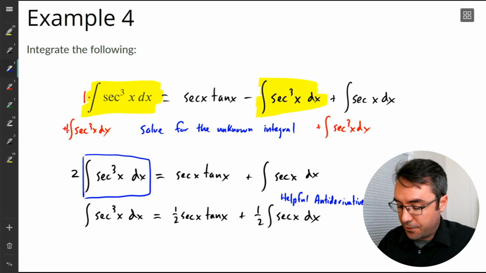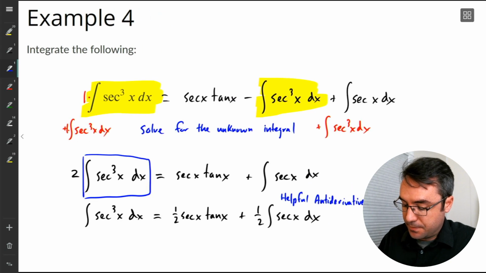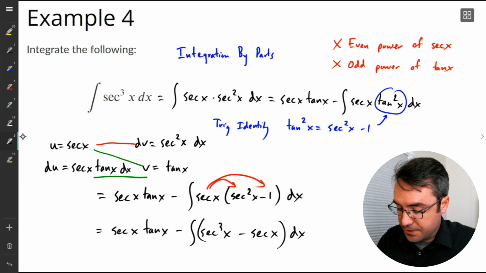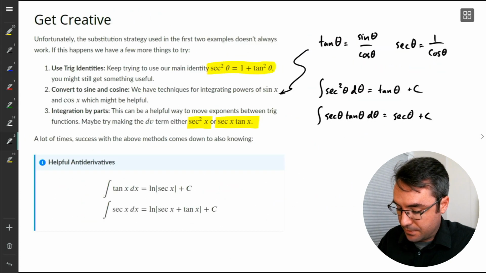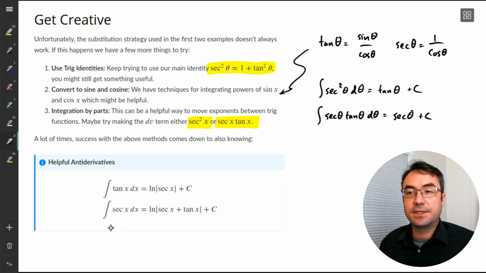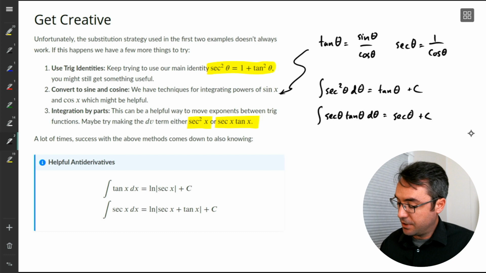So we just want to refer back to, where was it? It was right here. Our helpful antiderivative. The integral of secant is the natural log of absolute value secant plus tangent. So we're just going to fill that in.